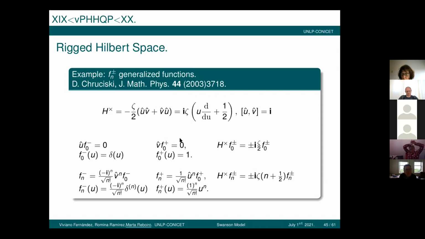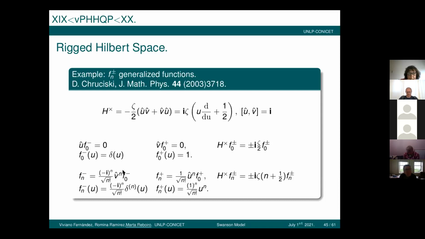Both distributions correspond to eigenvalues zeta over 2 times plus minus i, the imaginary unit. And then from them we can construct a family of distributions by applying m times b or n times u.